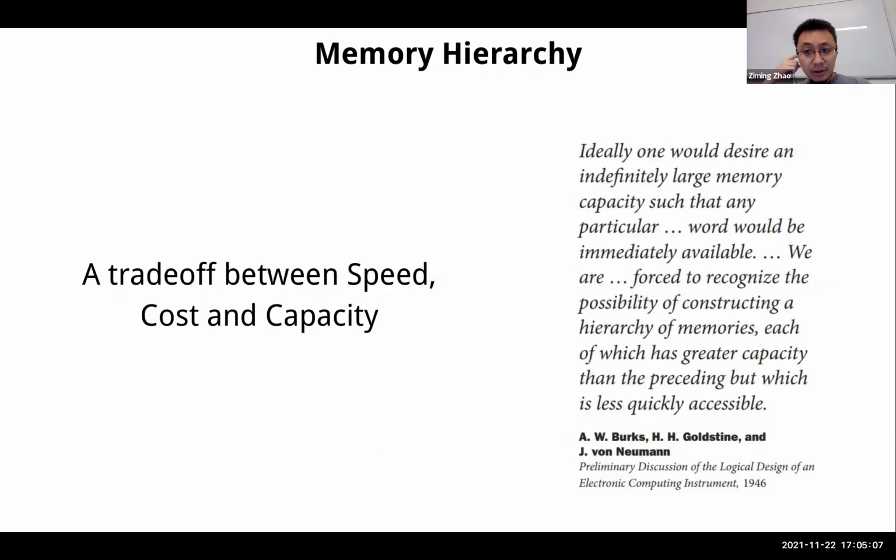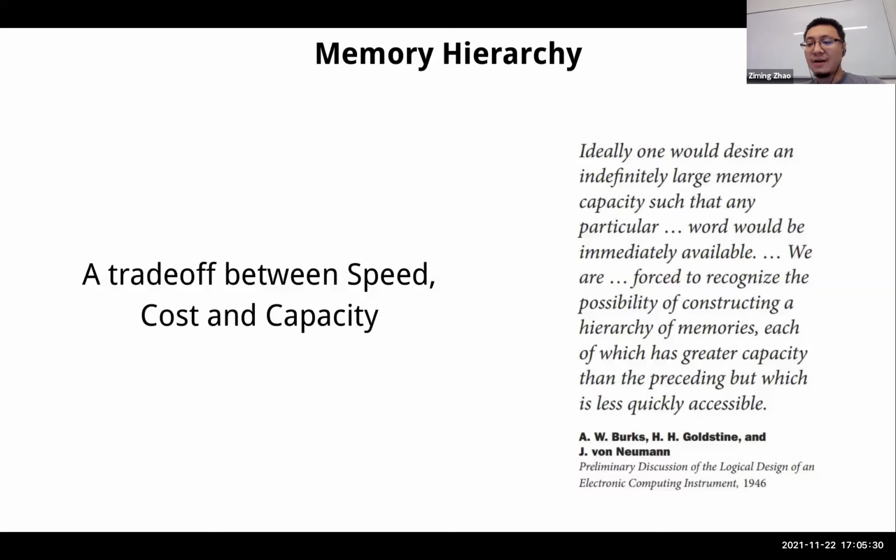So the strategy to handle this gap between CPU and DRAM is to put something faster closer to the CPU, and also keep frequently used data and code in the faster storage.